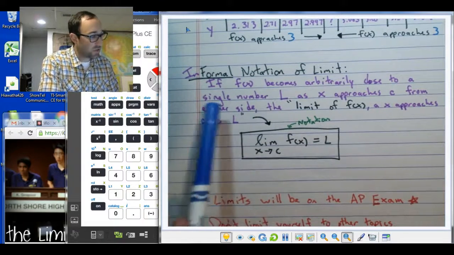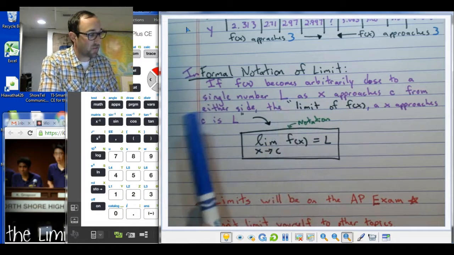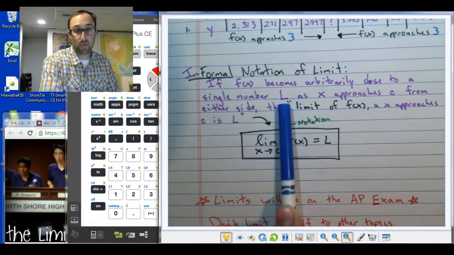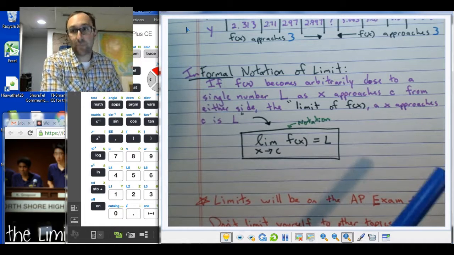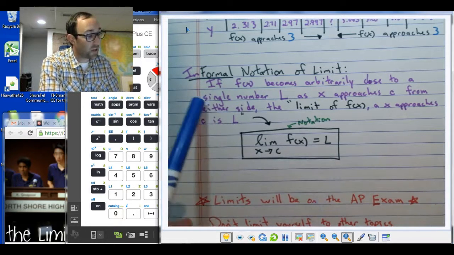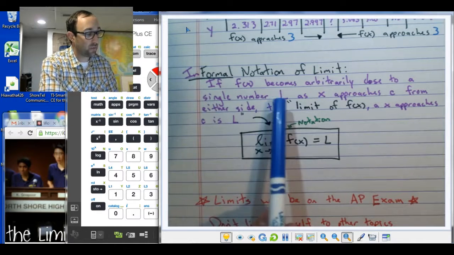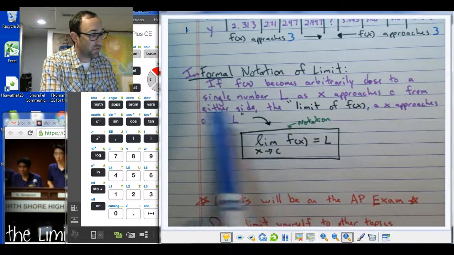If it gets close to a single number L as x approaches C from either side, they have to approach the same number, like the cars had to approach each other, right? Then we'll get a limit. So they have to approach the same number from both sides.